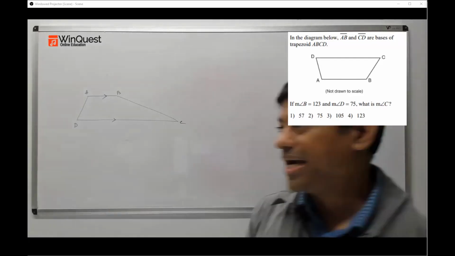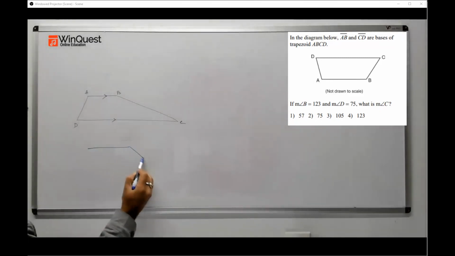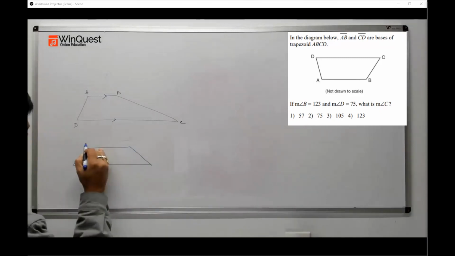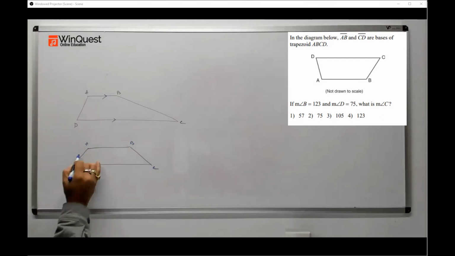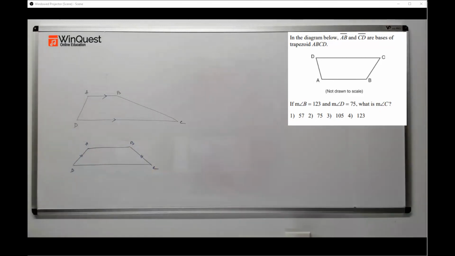Another point of understanding: if I have something like this, A, B, C, D, and if the length of AD is equal to BC, I repeat, if AD is equal to BC, then this is an isosceles trapezoid.